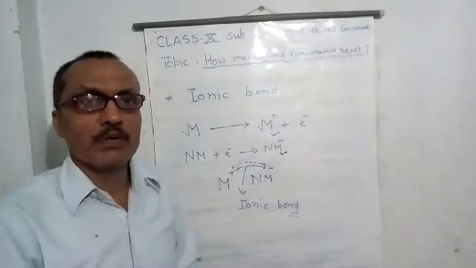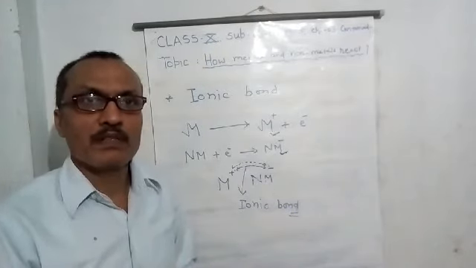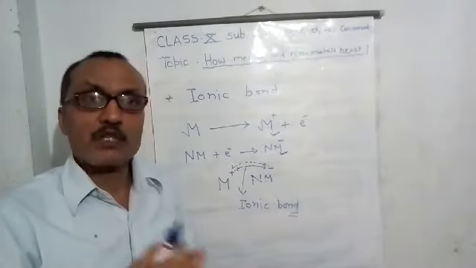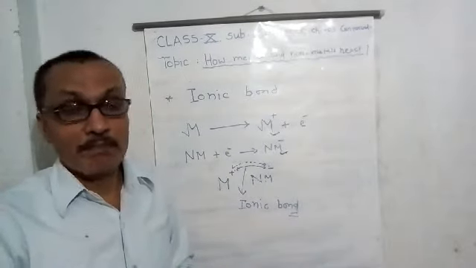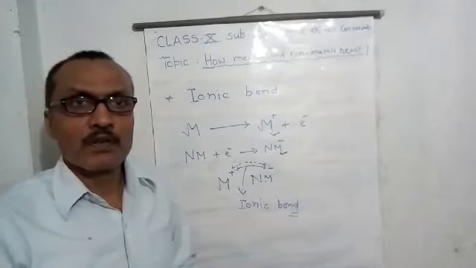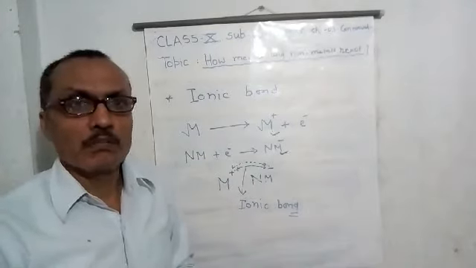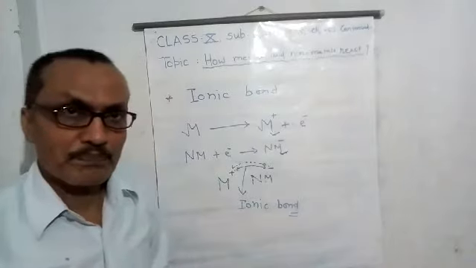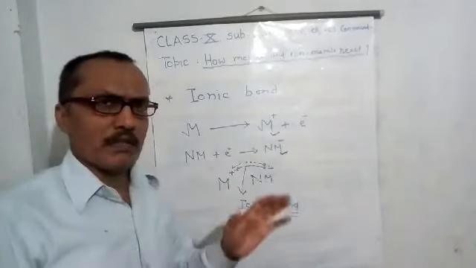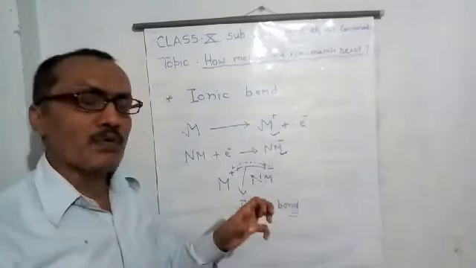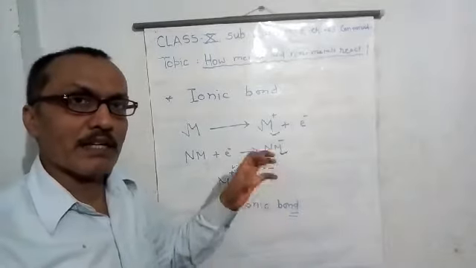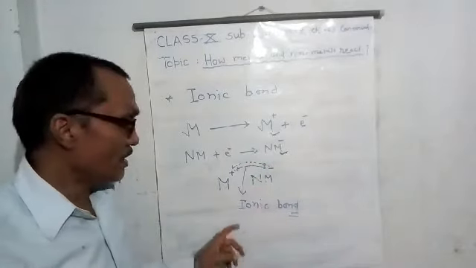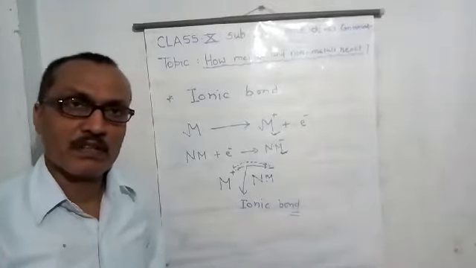An ionic bond is formed by the transfer of electrons between two or more metallic and non-metallic atoms. So all the compounds made from metal and non-metal have ionic bond.